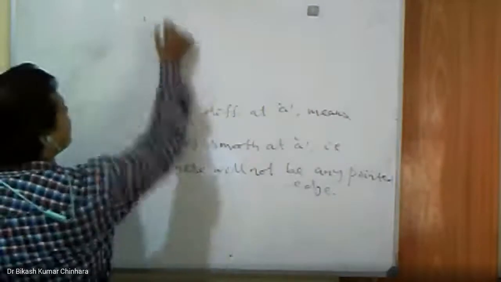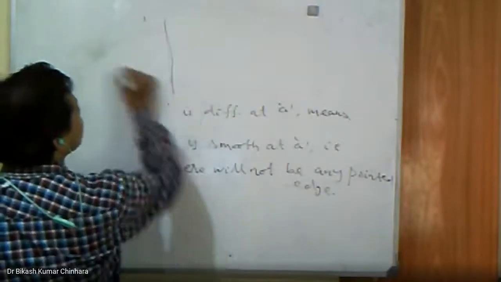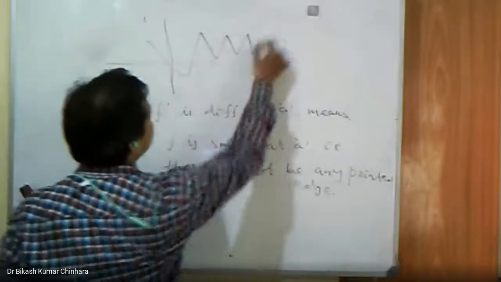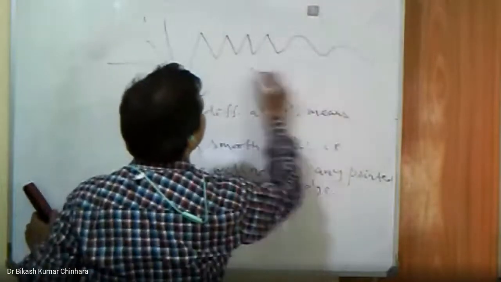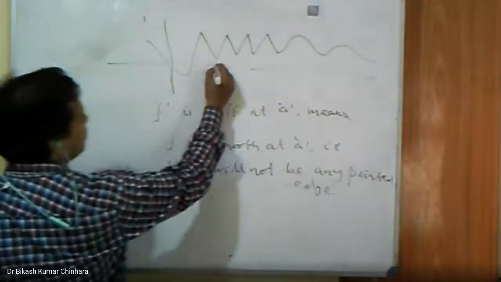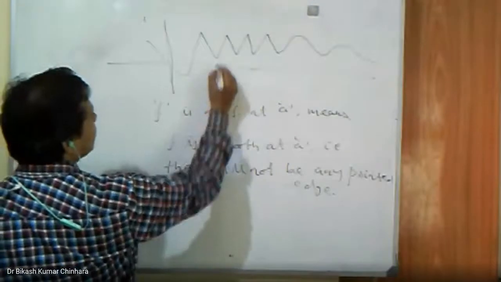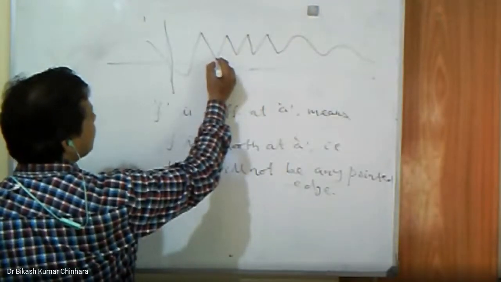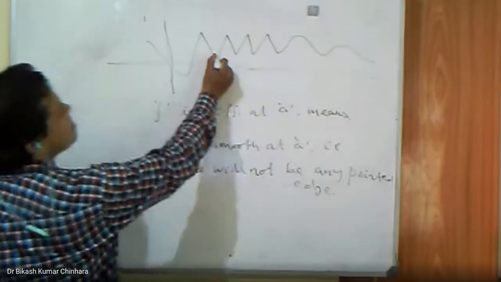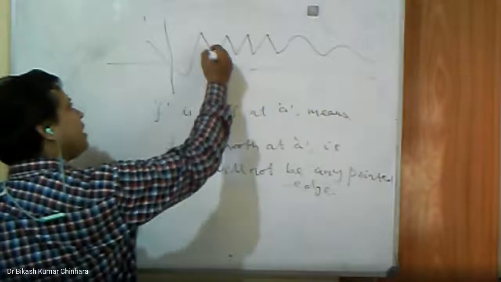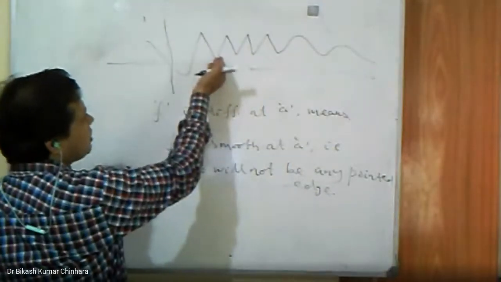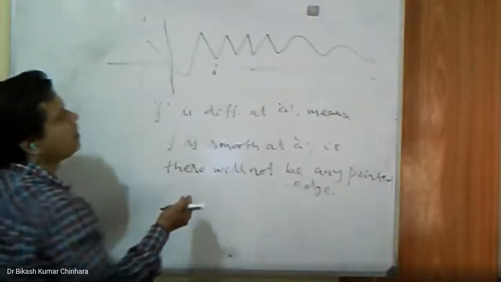So you may plot this. Suppose I have this type of graph. So suppose this is your A. So here the output f of A is here, but you can find that there is no smooth structure. Here there is a pointed edge.